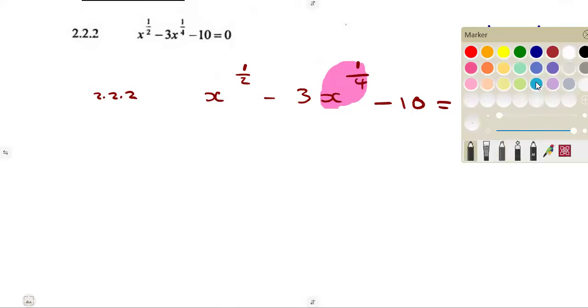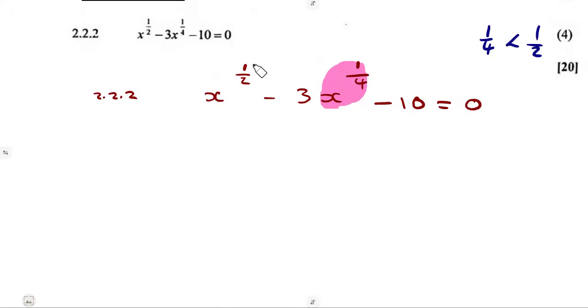We are going to rewrite x to the exponent of 1 over 2 as x to the exponent of 1 over 4, raised to a certain exponent.